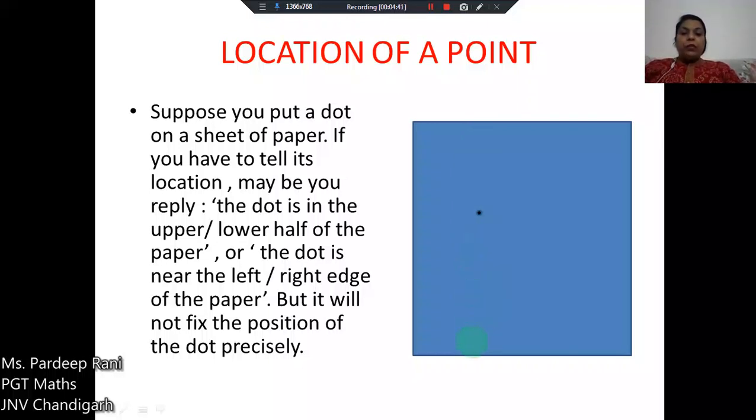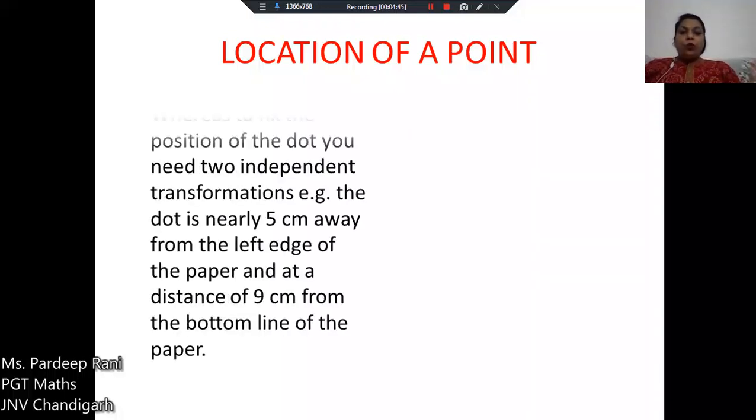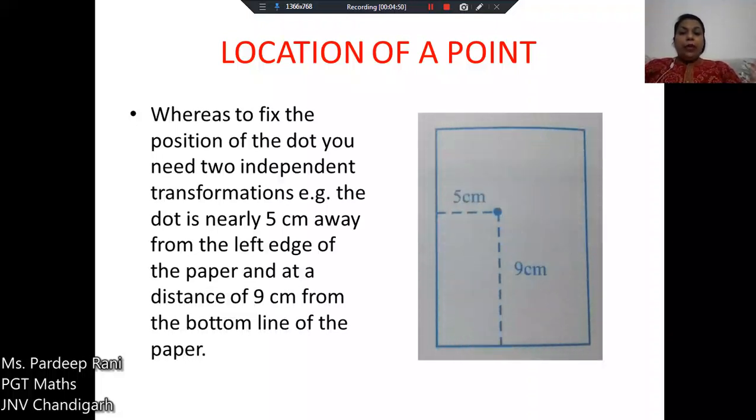But it will not fix the position of the dot precisely. To locate it precisely, we will require two independent informations. For example, in the adjoining figure, the dot is nearly 5 centimeter away from the left edge of the paper and 9 centimeter above the bottom line of the paper.